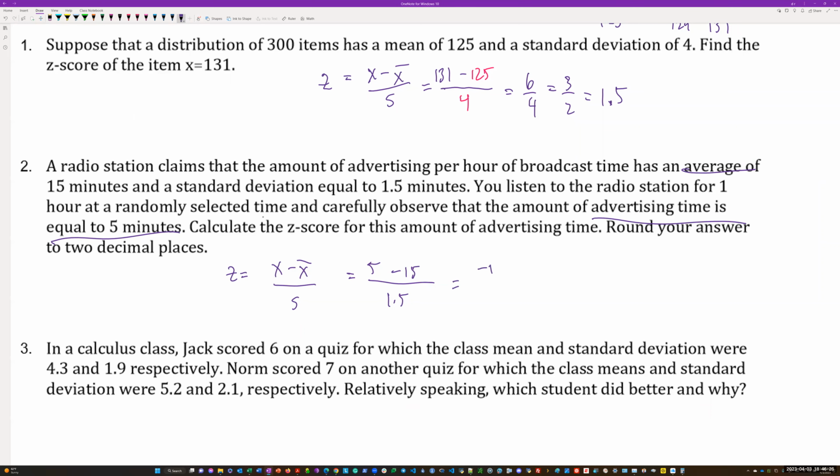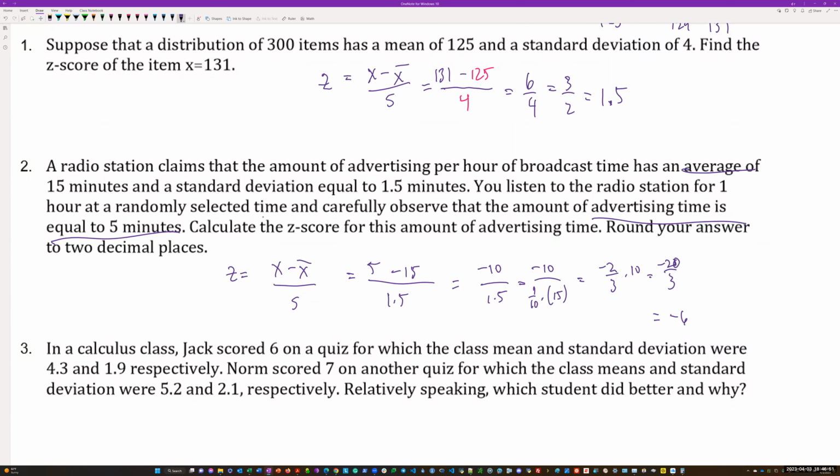So this is -10 over 1.5. It's the same thing as -10 over 1/10 of 15. -10 over 15 is -2/3 times 10 is -20 over 3. Again, I would just do this on my calculator though. You don't have to do it the way I'm doing it.